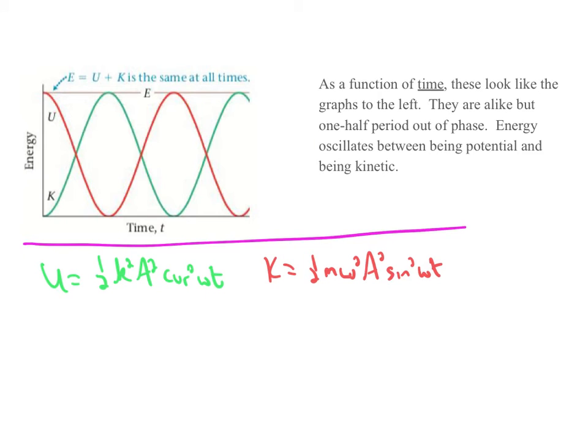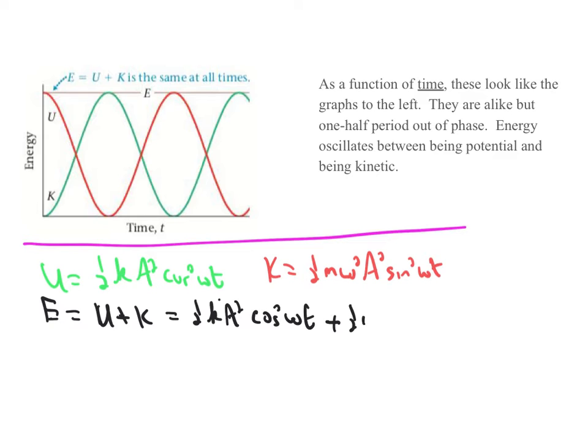It's a special case. Something cute happens when we say, hey, let's find the total energy at any time, which would be K plus U. We have 1 half m omega squared A squared sine squared omega t plus 1 half k A squared cosine squared omega t. But remember that m omega squared is k.